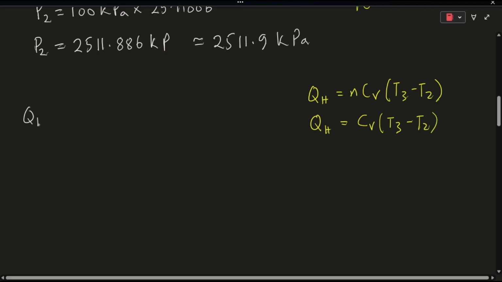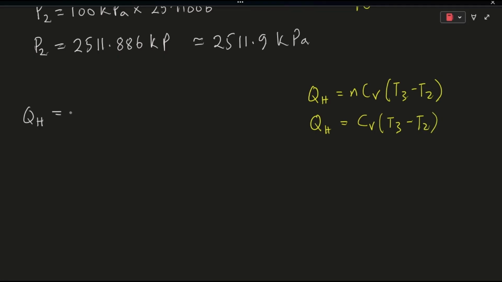Now, QH has been given in the question as 1,800 kilojoules per kilogram. And let's consider our specific heat as 0.718 kilojoules per kilogram per Kelvin.